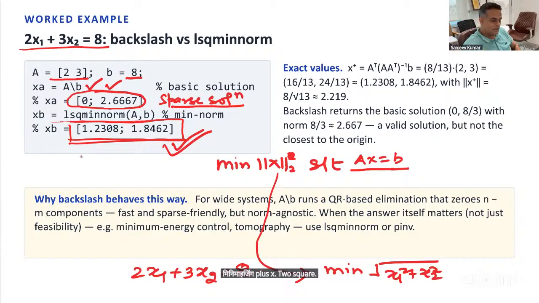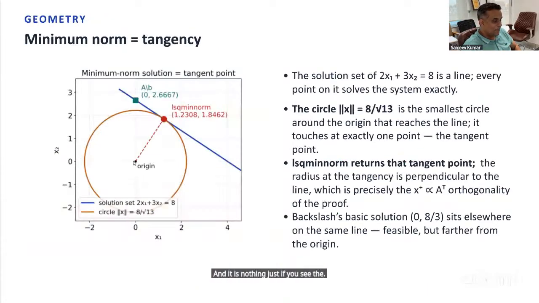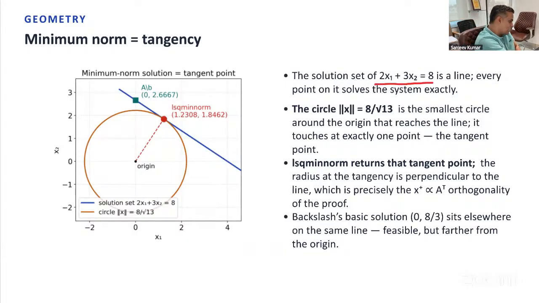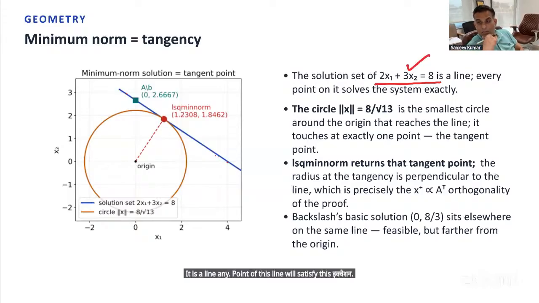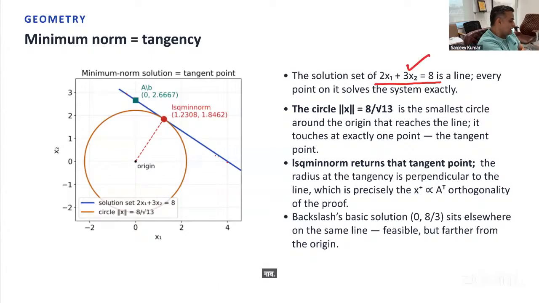If you see it geometrically, this is the radius of a circle which touches this line, because 2x1 plus 3x2 equals 8 is a line. Any point on this line will satisfy the given equation. Now, among all those points, you want the point which minimizes this distance.